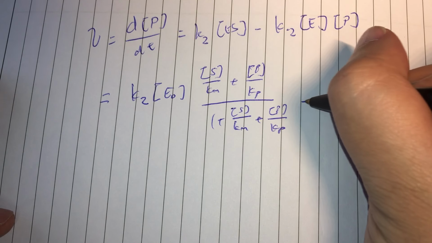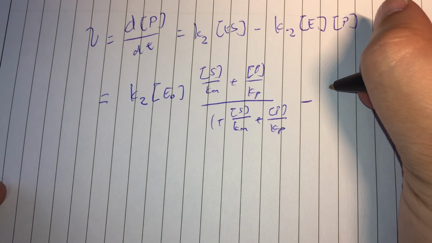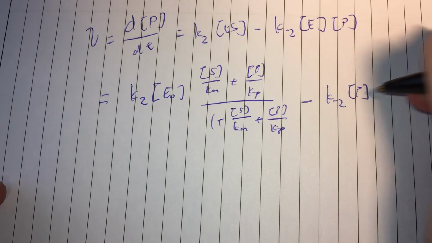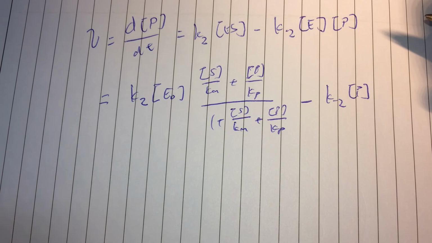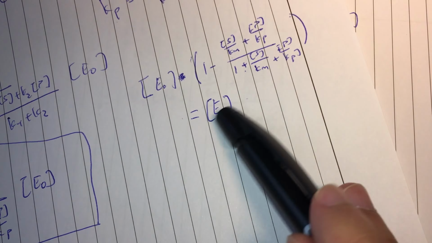And minus k minus 2 P, and we're going to substitute that E here, the concentration of free enzyme. So I'm going to write this whole thing right here.